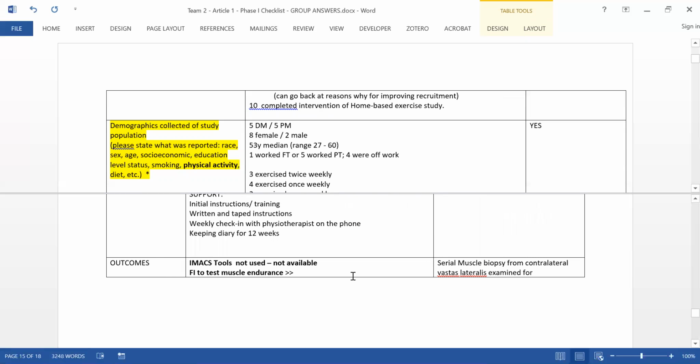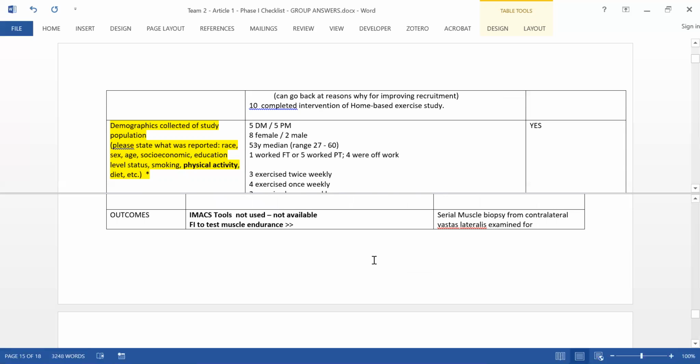And then here we're going to combine the outcomes with the disease profile, because a lot of the disease profile variables are actually outcomes.